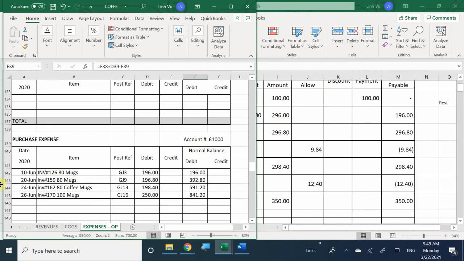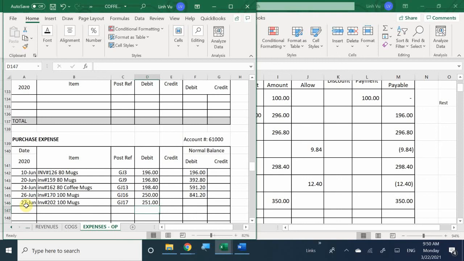Here we are, purchase expense. Okay, 627, invoice number 202, and we purchased 100 mugs. Okay, general journal number 17 for a grand total of 351. So, no, 251.